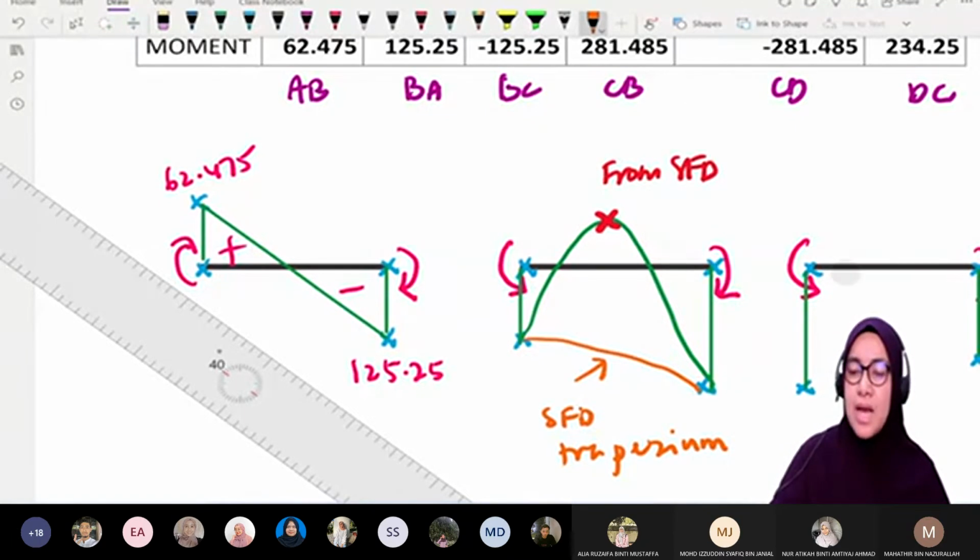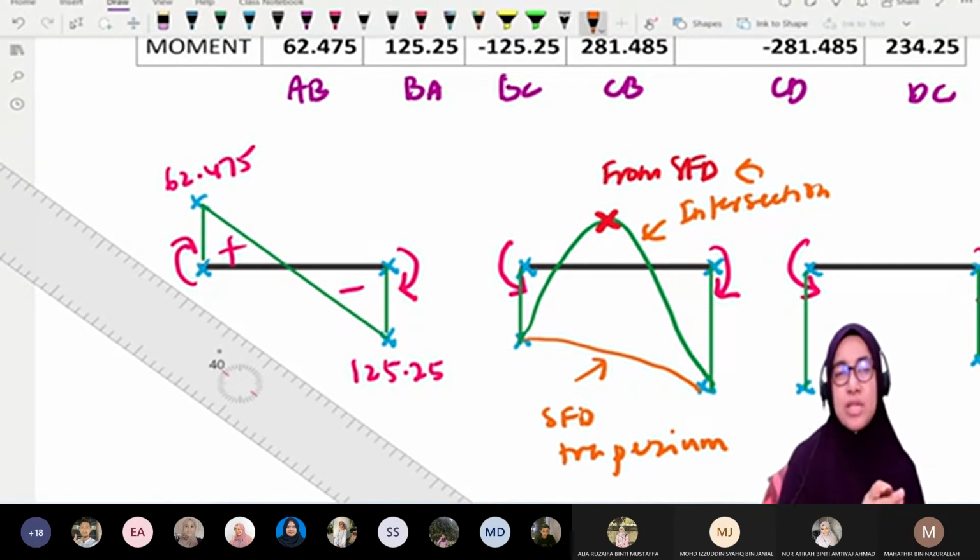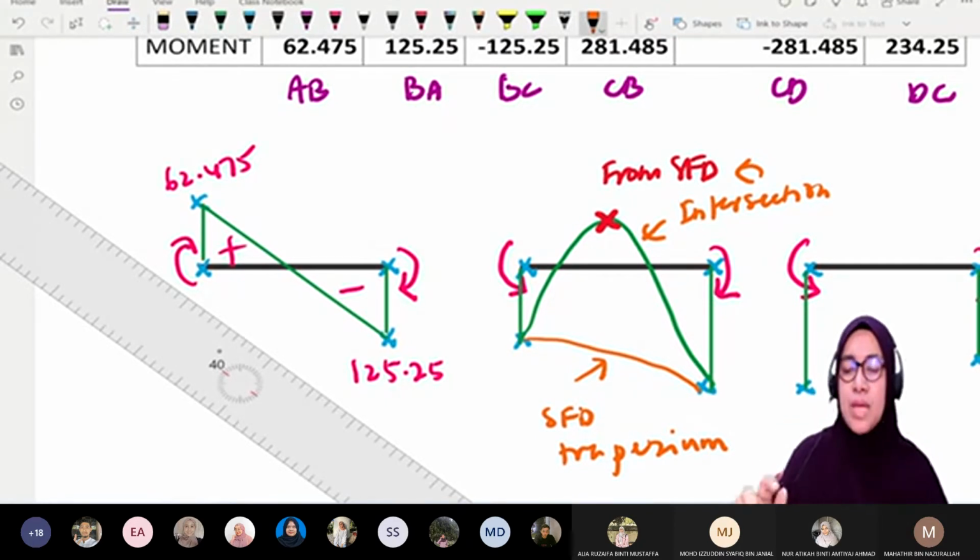Yang ni kalau shear force diagram triangular dapat ada intersection. Intersection pada shear force diagram ni, ada intersection ni means ada dua triangular tu lah. Okay, kalau trapezium yang kat bawah. Kalau ada intersection in bending moment diagram yang atas tu.